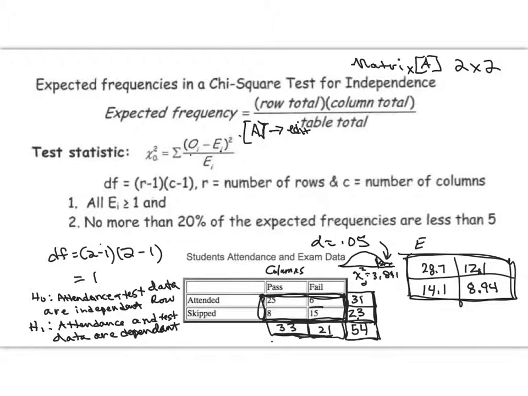So in matrix A, I want you to type in, you're going to need to arrow down after you enter this, and that'll give you the first spot to put in your data entry, and you're going to put in 25, and then it goes to the next spot and you're going to put in 6, and then it goes over to the third spot below the 25, and you're going to put in 8, and then in the fourth spot you're going to put in 15.